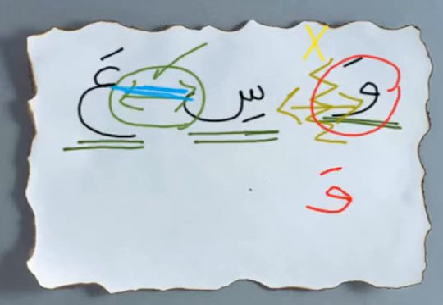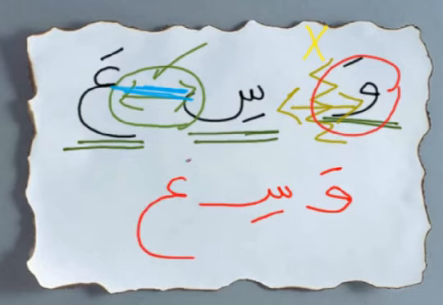Wasi'a. Wa, fatha, wa. And we've got harfu sin with a kasra, si. And we've got harful ain with a fatha, a. Wasi'a.